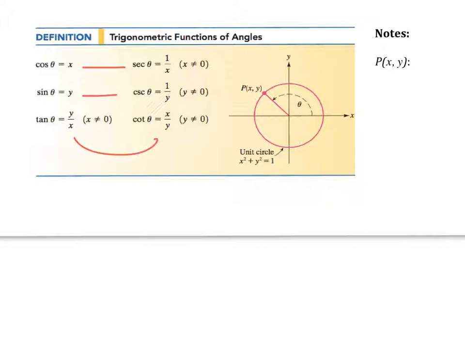Okay? All right, big idea that we need to understand is number one, that our radius is equal to 1 all the time. So we call this the unit circle. Unit for radius being 1.